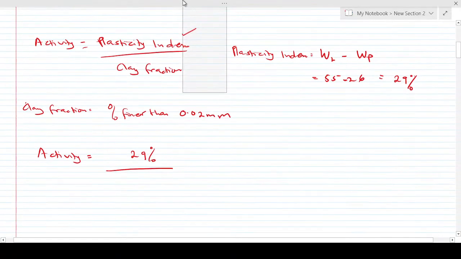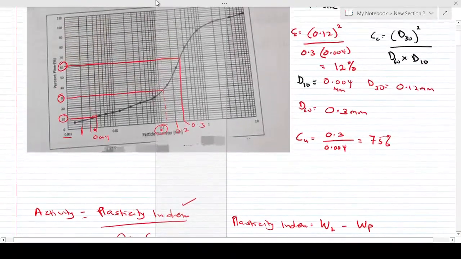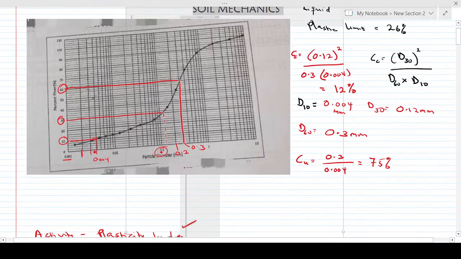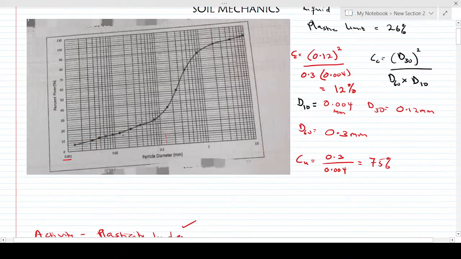So you go back to the graph and read the percent finer than the 0.002 millimeter. So this is 0.01, this is 0.02, right? This time around, you trace to the top, so this means a curve here, and you take it to the percent finer line, right? So this is approximately 16%.